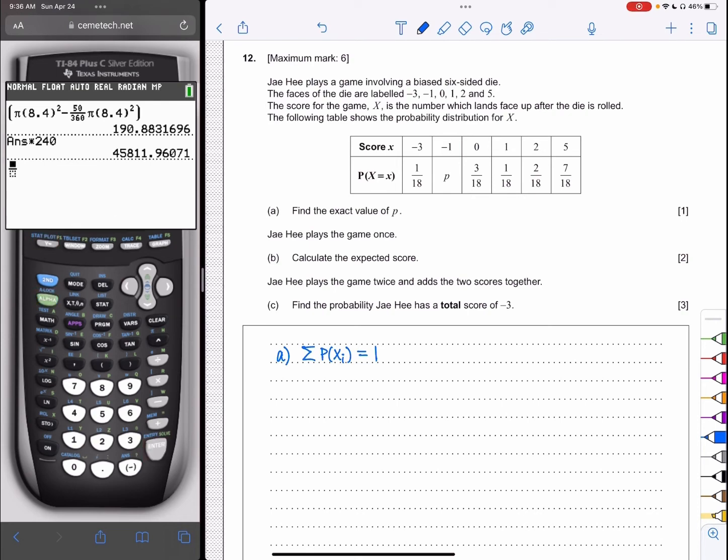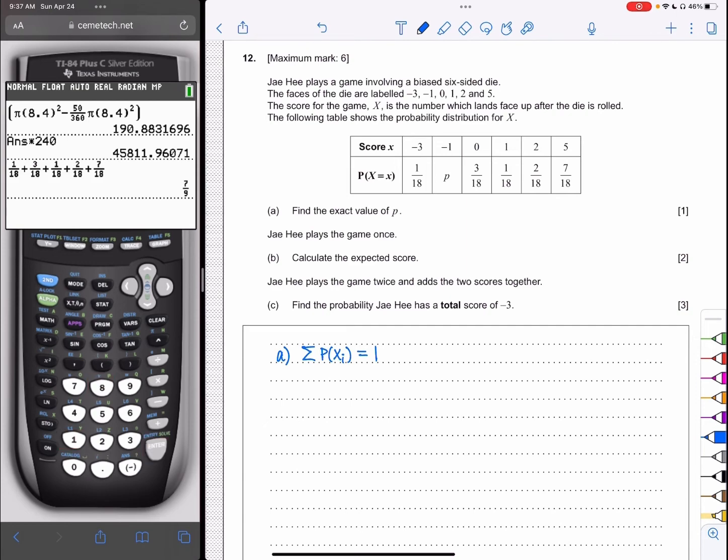So here I'm going to have 1 over 18 plus 3 over 18 plus 1 over 18 plus 2 over 18 plus 7 over 18. That equals 7 over 9.